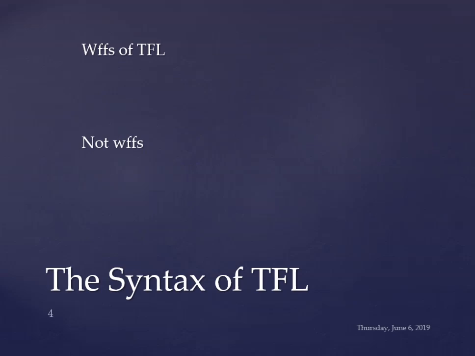Now let's take a look at the well-formed formulas of TFL and what they might look like. Right here we have C as F. Right here we have a conditional, where we have a 2-degree predicate being the antecedent and this predicate here the consequent. And this one here we're using the different kinds of brackets. We have all 3 brackets present, and the main connective is a biconditional.